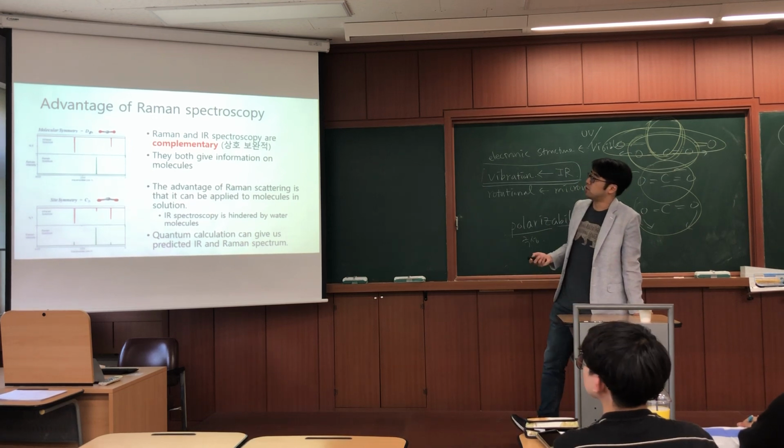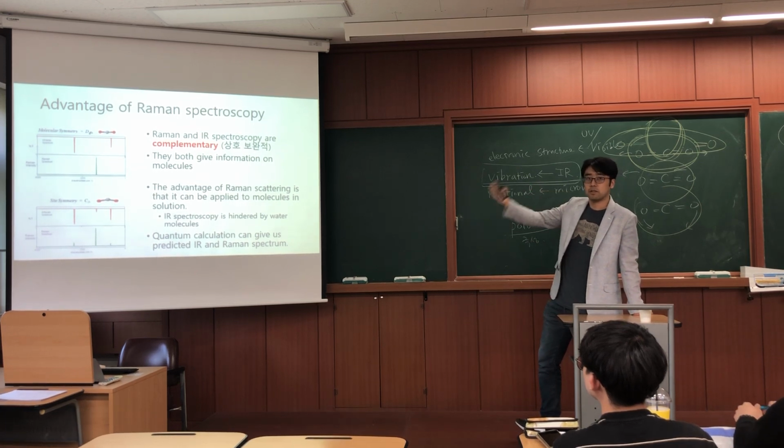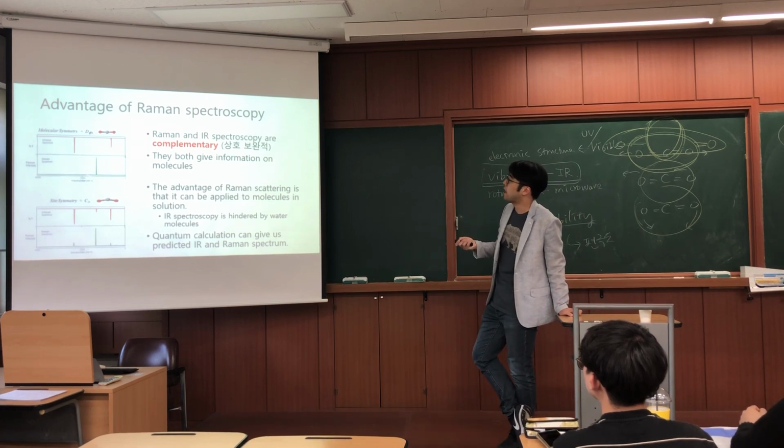Large organic molecules have many peaks, and in many cases IR spectra are not enough to detect certain molecules. So in many cases we use both. And also, another reason why Raman spectroscopy is very popular is that it has certain advantages.